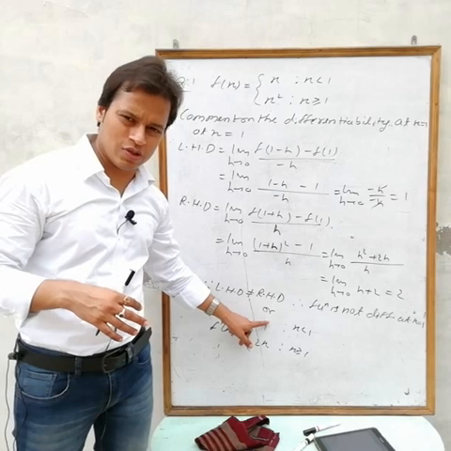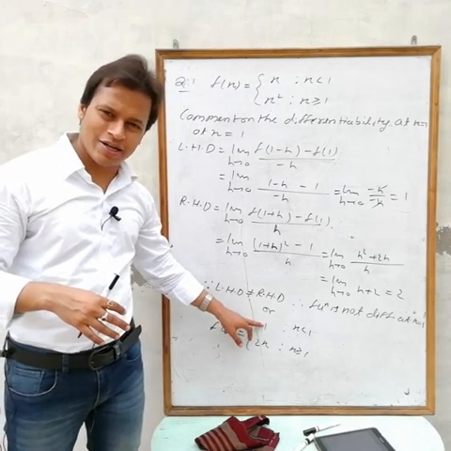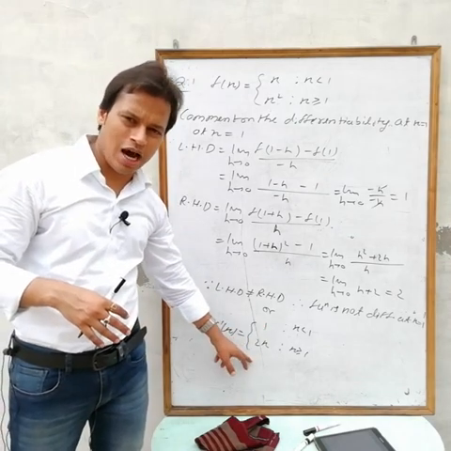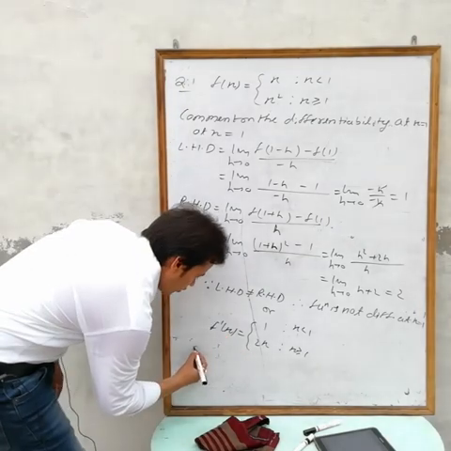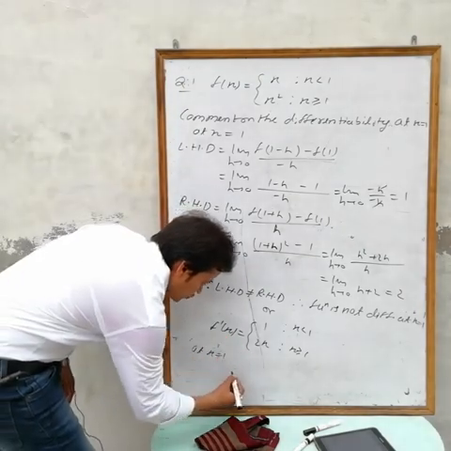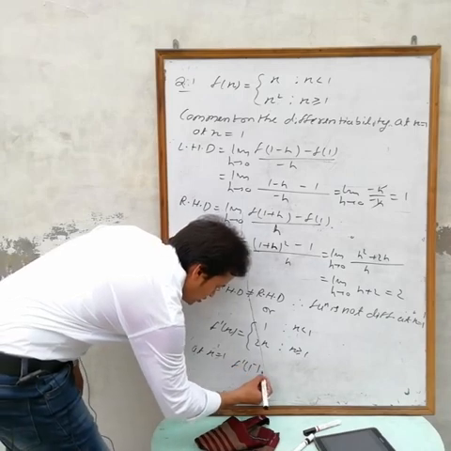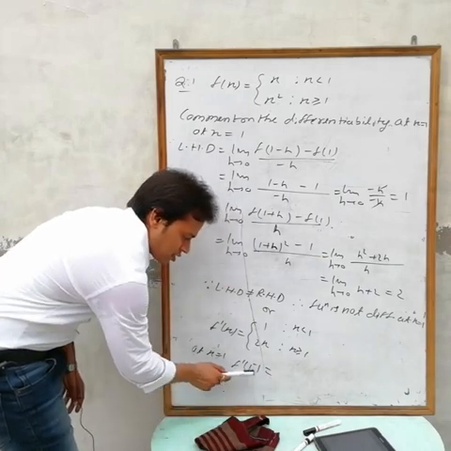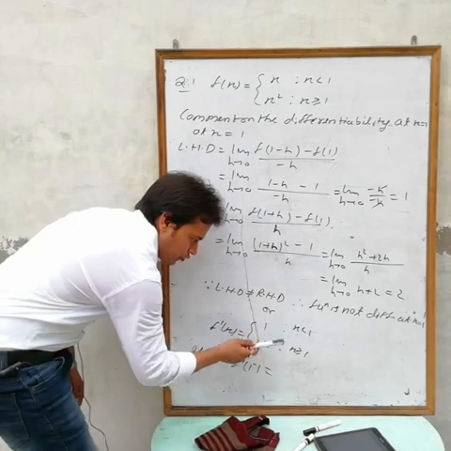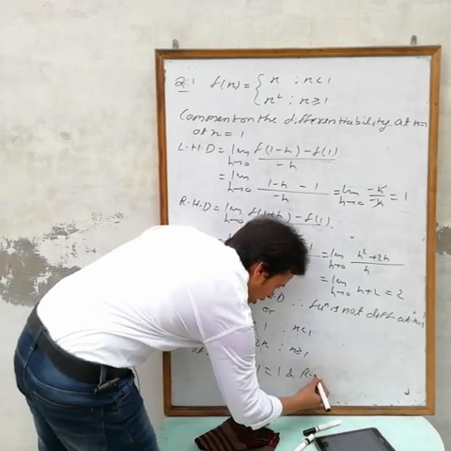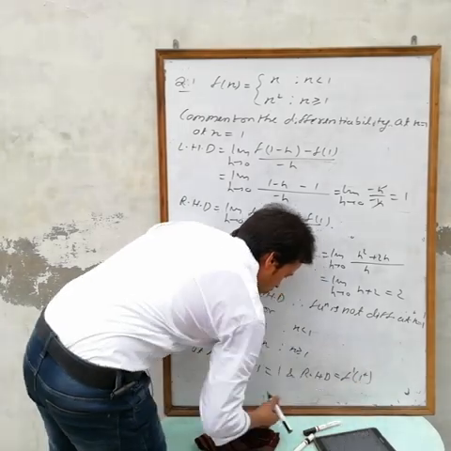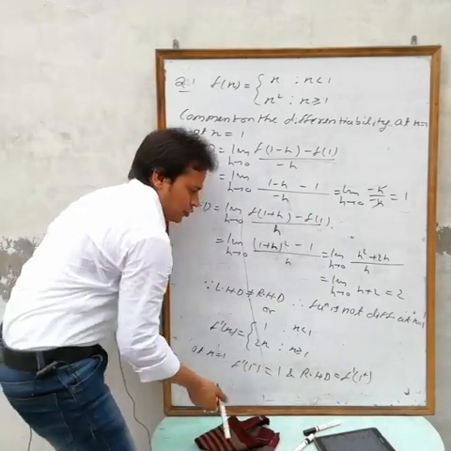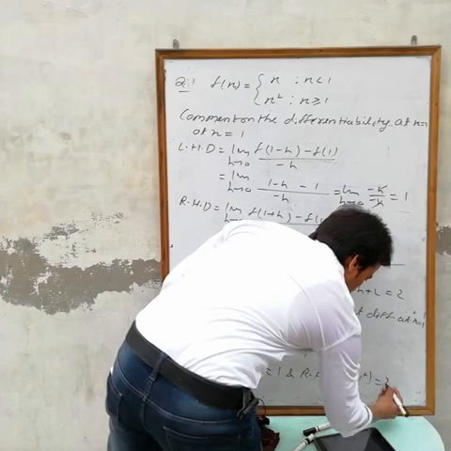So from this one you will get LSD at x equals 1, and from this one you will get RSD at x equals 1. Put in 1 minus in the first, we get 1, and RSD is f dash(1 plus), x is greater than 1, so put in this one, 1 plus, so 2.